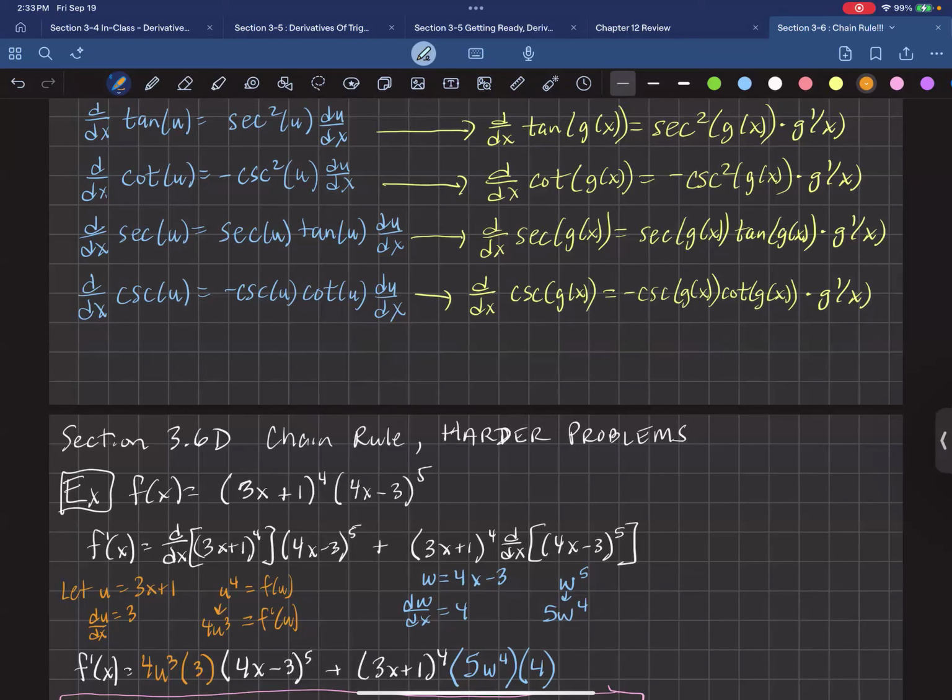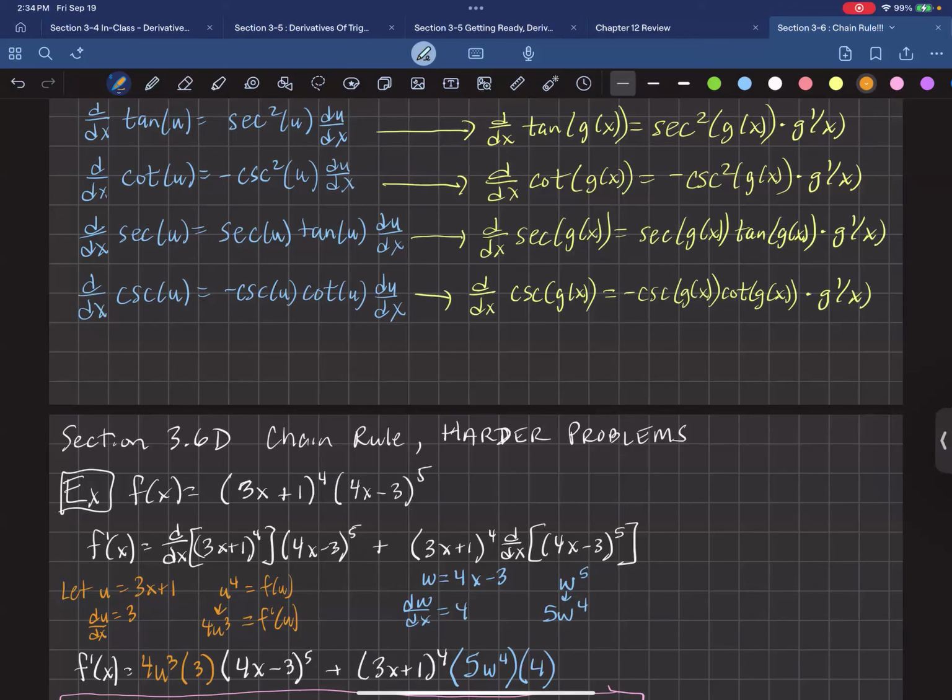And then I went over to the other side and did the other side. So we're taking the derivative of (4x - 3), all of that to the fifth power. I chose a different letter just so there was no confusion. I went with w. So I said w = 4x - 3. The derivative of w with respect to x, dw/dx, is 4.